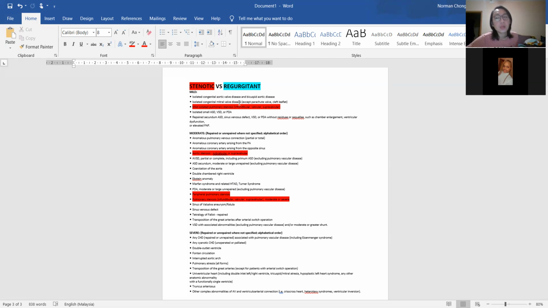What we're talking about right now is adult congenital heart diseases, right? And as patients age, especially when they are 40, 50, 60 years old, they are also predisposed to valvular heart diseases as well.